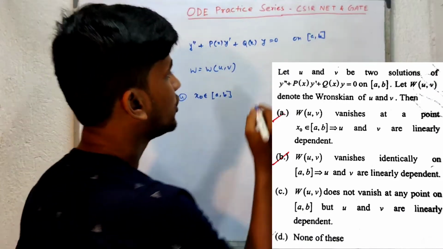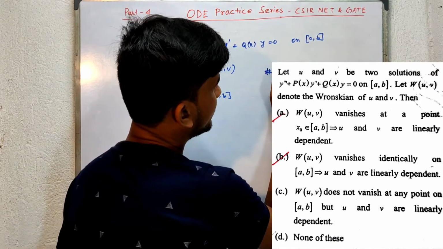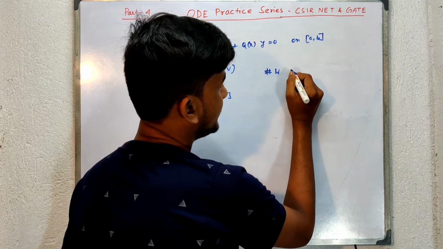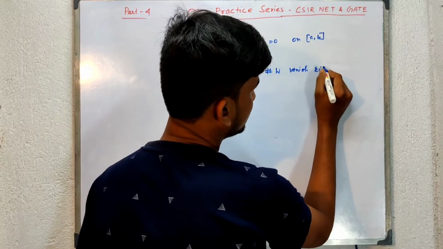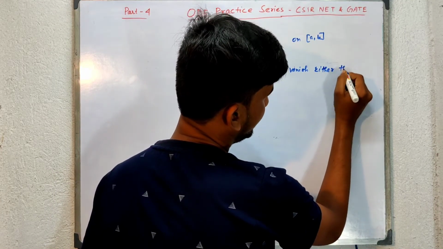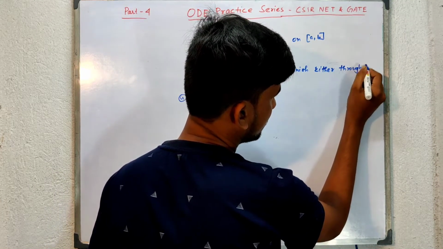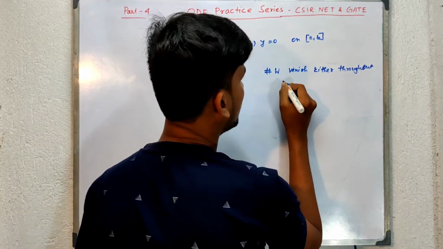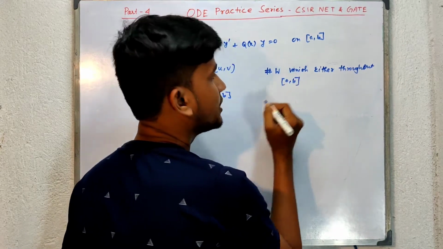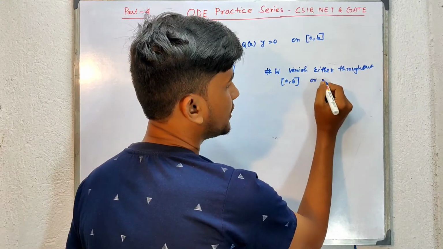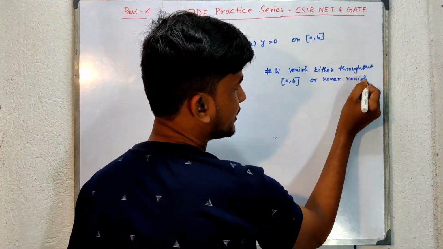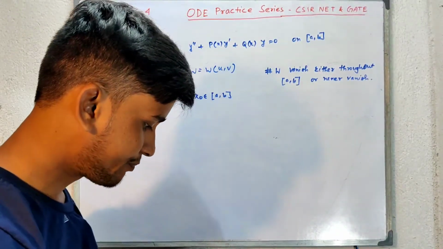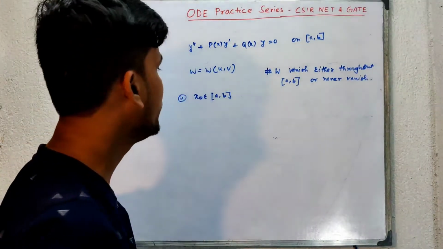We all know that the Wronskian W either vanishes throughout the interval [a, b] or never vanishes. Here option A says that it vanishes at x0 belonging to [a, b].